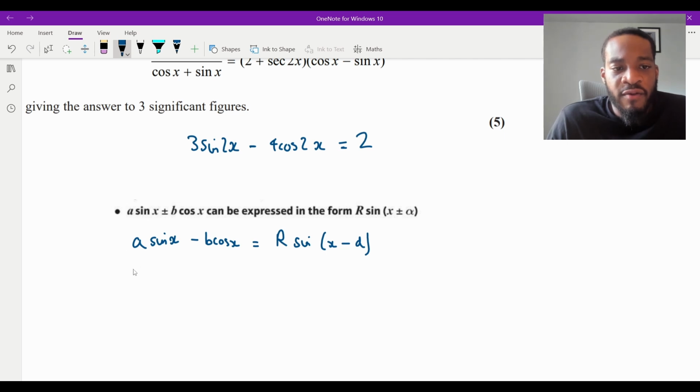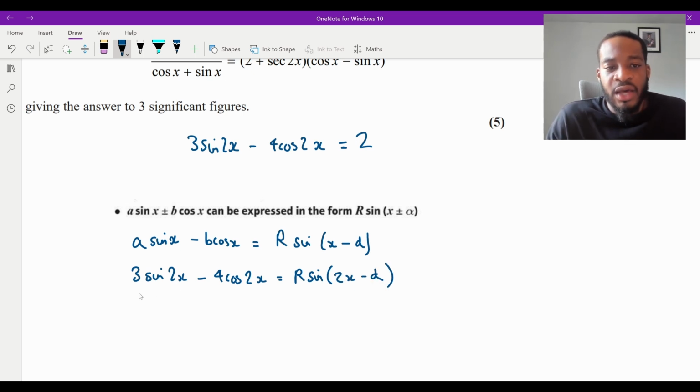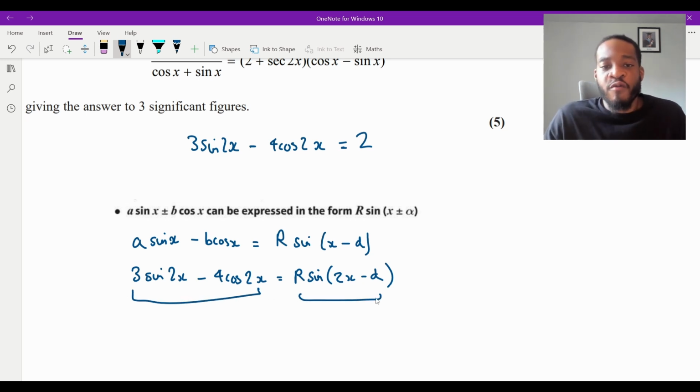If I compare that with what we've got, 3 sine 2x minus 4 cos 2x will equal r sine, and then if you look closely, the x is now a 2x, so it's just 2x minus alpha. So we can just rewrite this with that, and we just need to figure out what r and alpha are. And this is good because now we've gotten rid of the cosine, we just have a sine. So we need to figure out what those are.